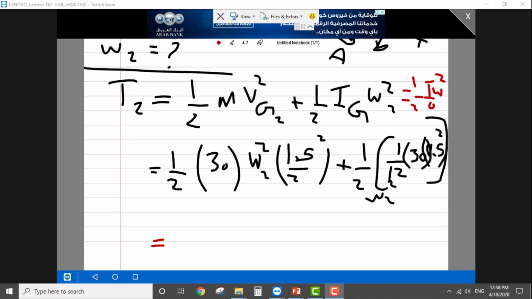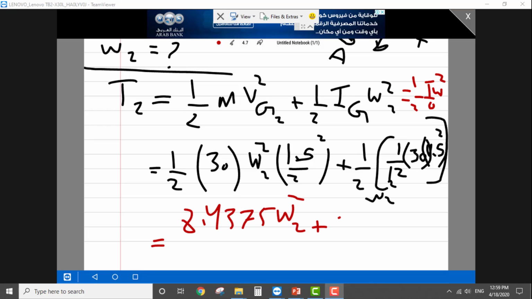So here what do we have? 1.5 divided by 2 squared multiplied by 15. So the right side is 8.4375 omega 2 squared plus 1.5 squared multiplied by 15 divided by 12.